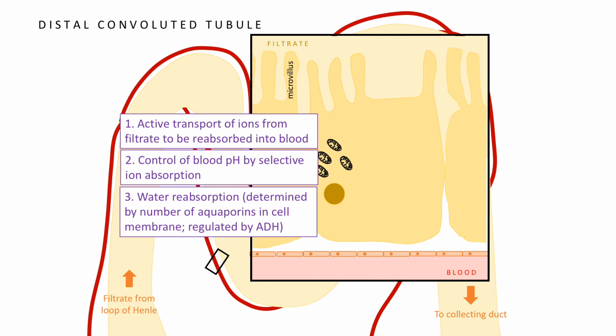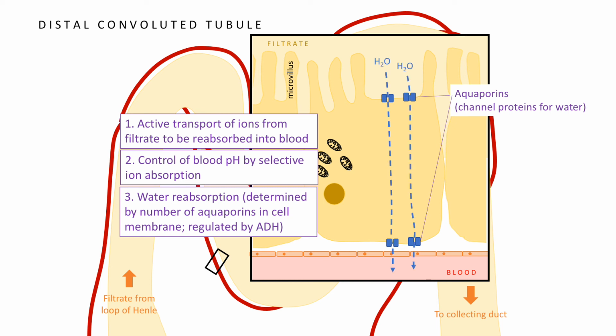And so water reabsorption is obviously a key function of the kidney that occurs here also, and that's dependent on aquaporins. So these are protein channels for water that are found in the cell membrane of the cells that line the distal convoluted tubule. And so the more of those there are, the more water can diffuse by osmosis back into the blood.